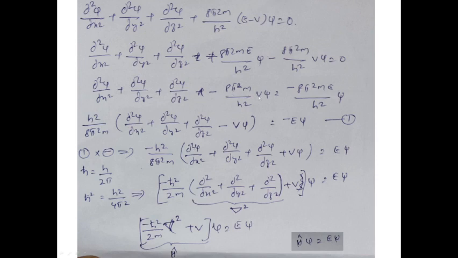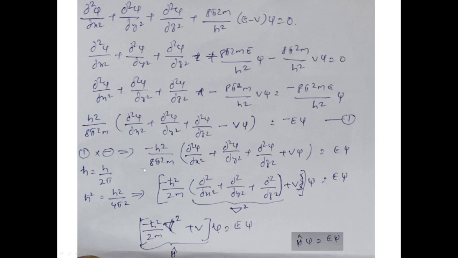When we multiply, the 8 pi square m term cancels and the h square cancels, so what remains is V psi, and on the other side the same happens, equal to minus E psi. We consider this equation 1, and then equation 1 is multiplied by the negative sign, so we get minus h square on the left, and the RHS becomes plus.